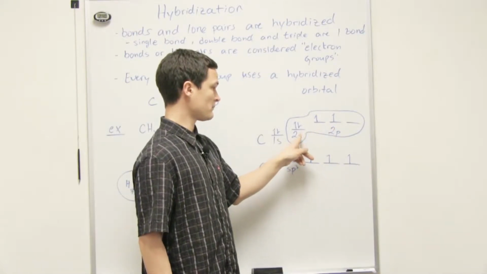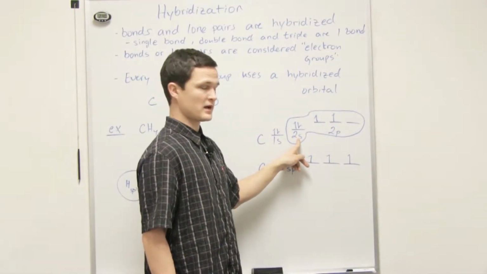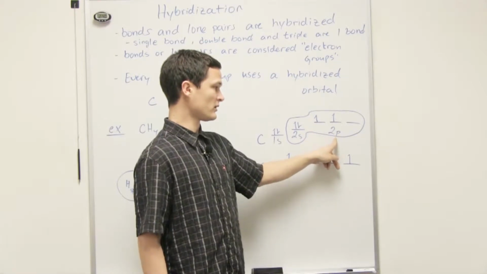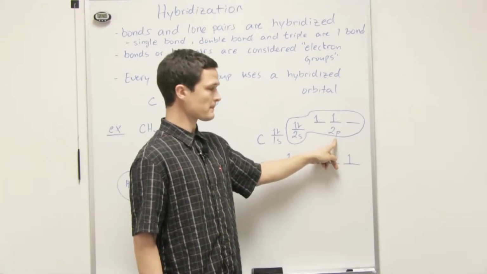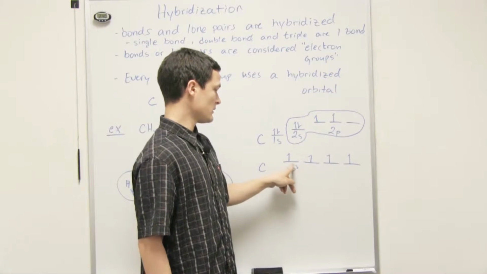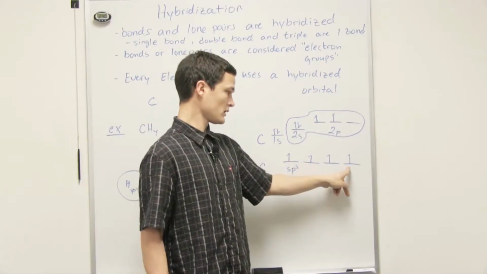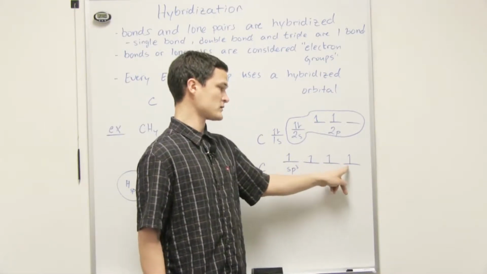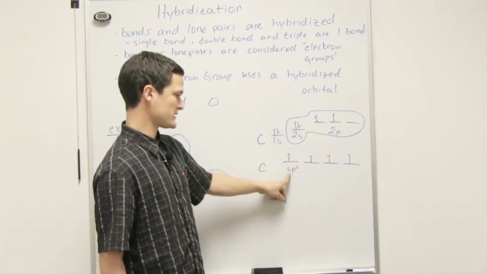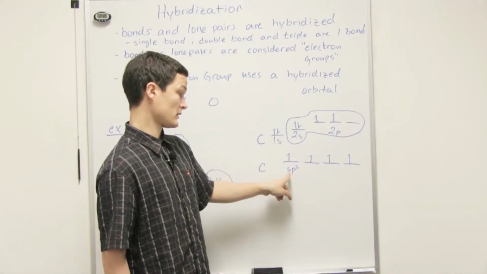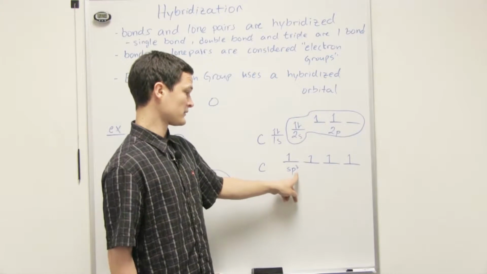That is done by saying that this s is going to combine with all 3 of the p's. When we do that, we see that we have 4 sp3 hybridized orbitals, and what that means is that there's 1 part s and 3 parts p.